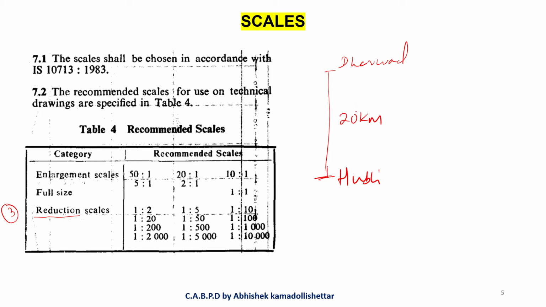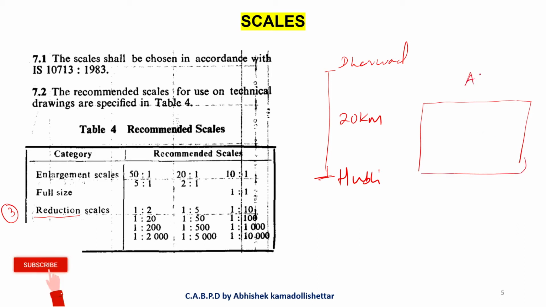How can you draw a 20 kilometer line on a drawing sheet? Suppose we are using an A3 sheet. Is it possible to draw it on this sheet? No, you have to considerably reduce the length, so you have to take a scale. We usually did this in graph papers, we reduced the scales there, but we actually did not know the purpose.